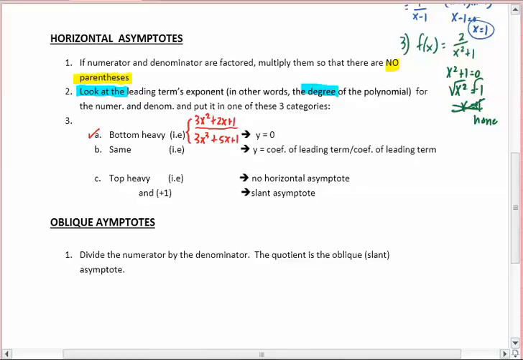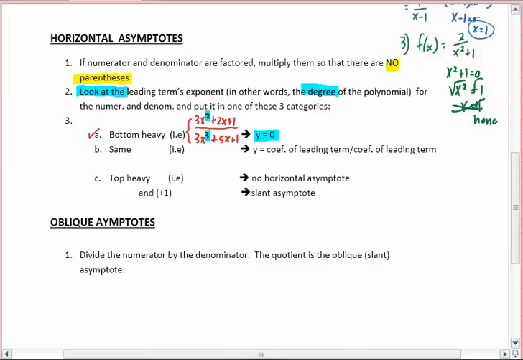Right here, I'm talking about the leading term's degree. There's a 2 over a 3. That means it's bottom heavy. The 3 is larger than 2. If that's the case, then we're going to have y equals 0 as the horizontal asymptote.